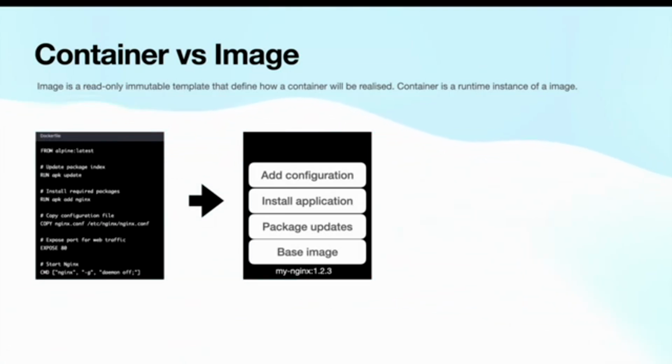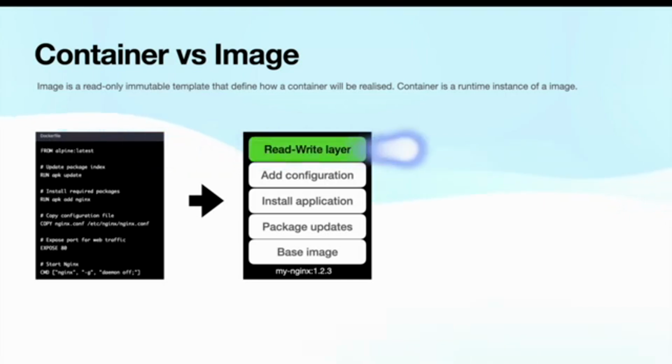The read-only base layer is the image that the container is based on, and it contains the files and directories that are part of the original image. This layer is shared between all containers that are based on the same image and is never modified. So what happens when a container starts? Docker creates a new read-write layer on top of the read-only base layer. This read-write layer is where any changes to the file system made during runtime are stored.